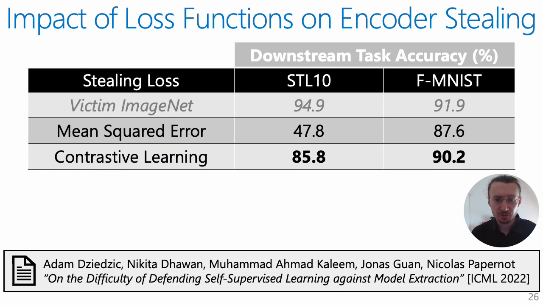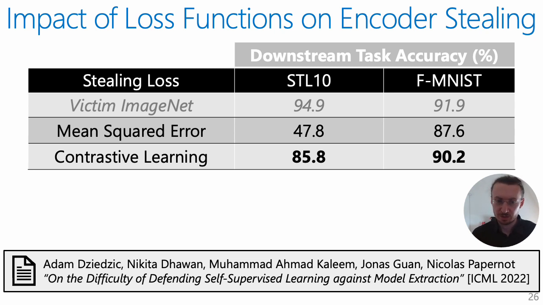The selection of the loss function is one of the most important parameters for stealing encoders. We compared standard losses as well as modern batch contrastive losses. The standard loss, like mean squared error, is used to directly minimize distances between representations from the victim and stolen copy.